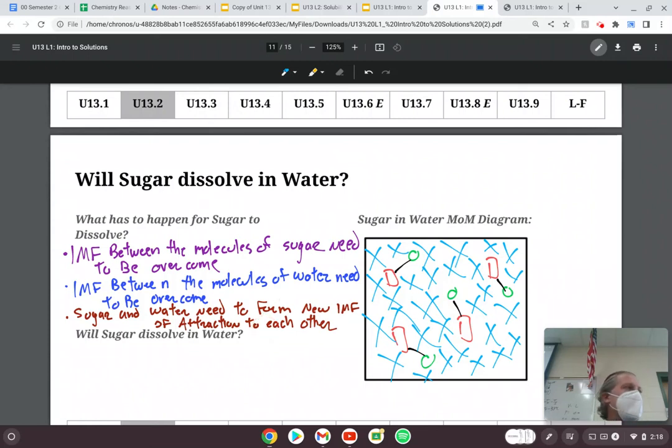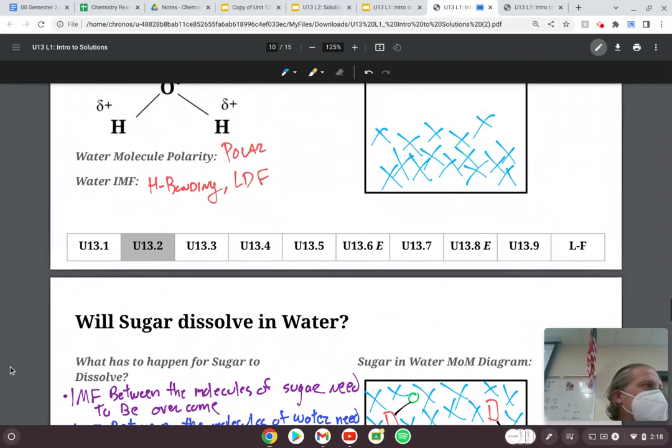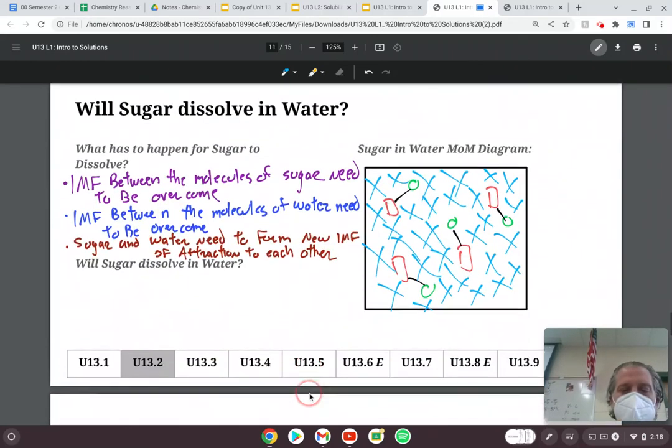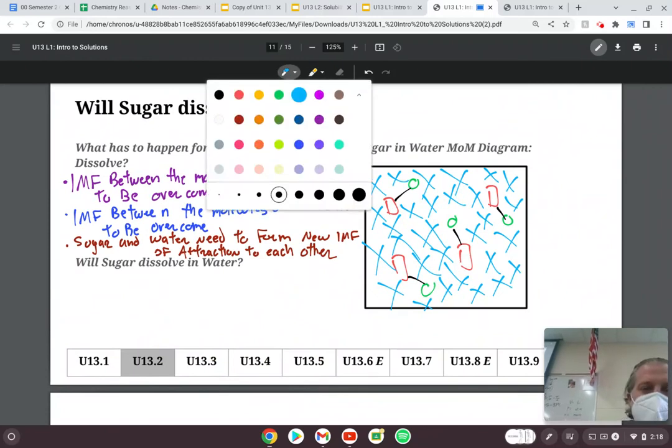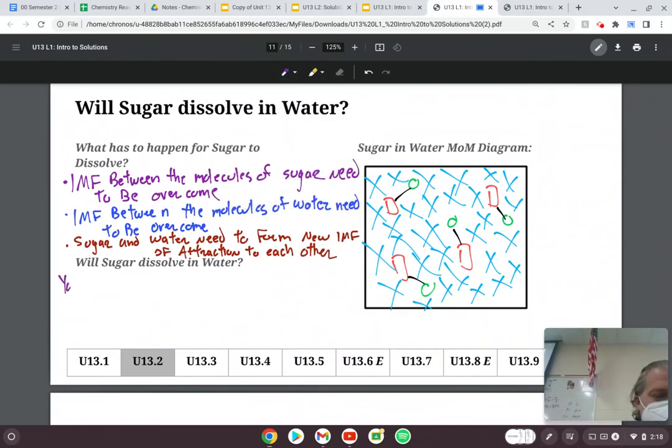And again, the other thing that we need to talk about, going back to this: will sugar dissolve in water? The answer to that question is, you betcha.